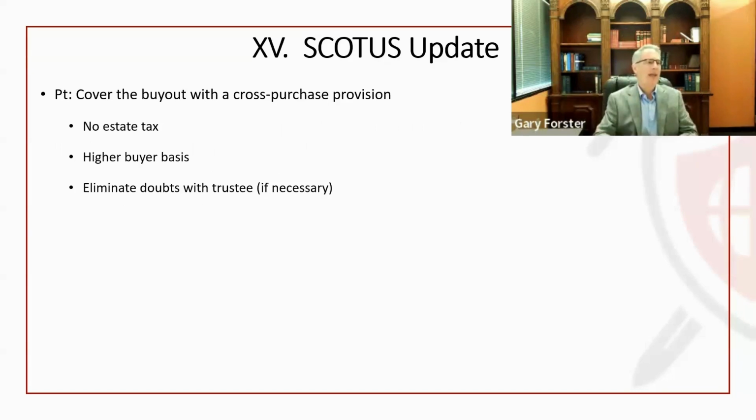Let's do a cross purchase arrangement where the two owners own insurance, and that insurance is then used when one of them dies. Now the survivor buys out the deceased estate. There's no value in the company added, and the estate tax doesn't go up.